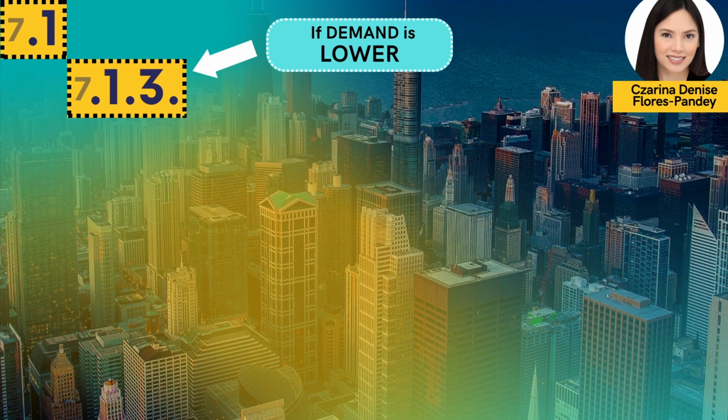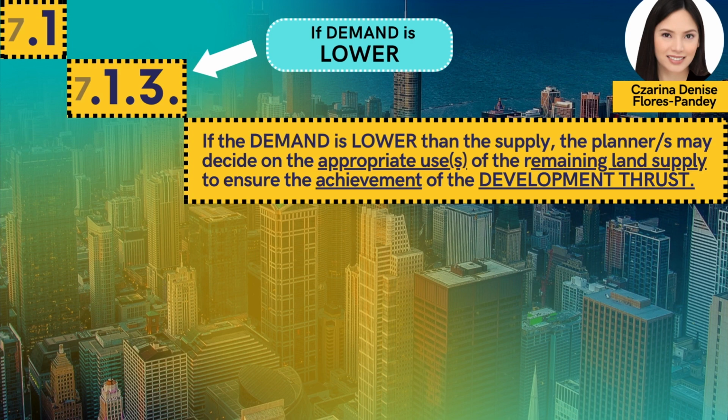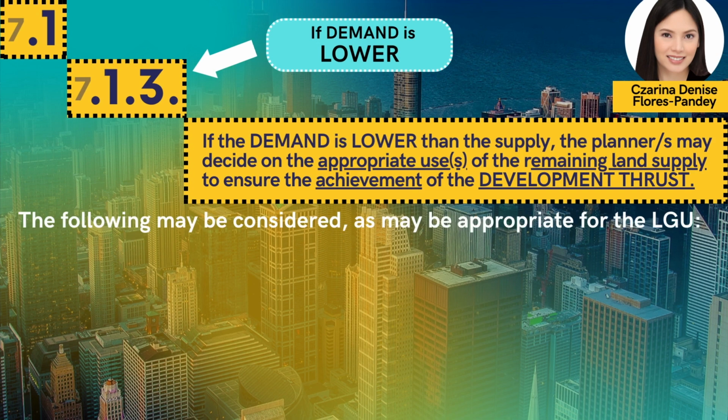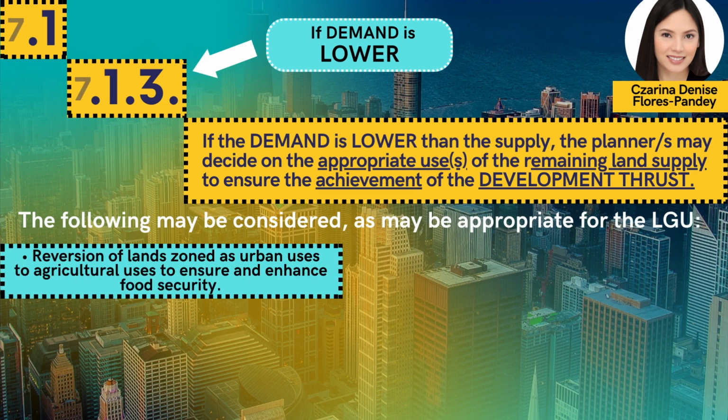If the demand is lower, go to 7.1.3. If the demand is lower than the supply, the planner or planners may decide on the appropriate use or uses of the remaining land supply to ensure the achievement of the development thrust. The following may be considered as may be appropriate for the local government unit: reversion of lands zoned as urban uses to agricultural uses to ensure and enhance food security.